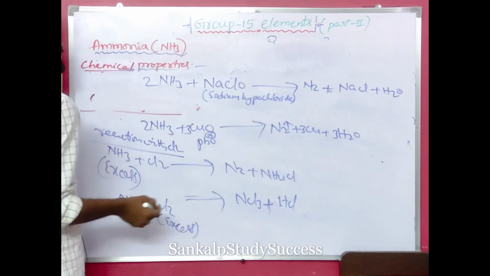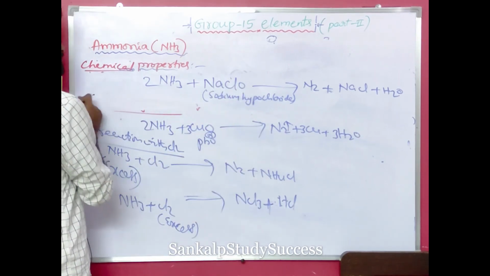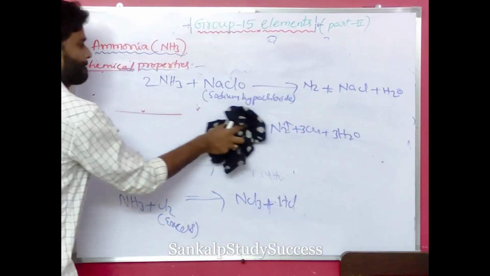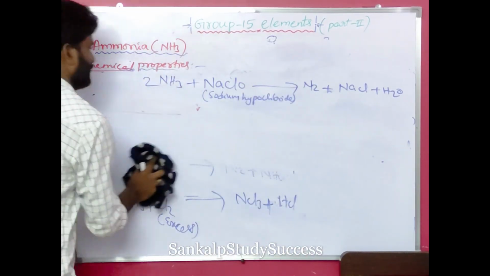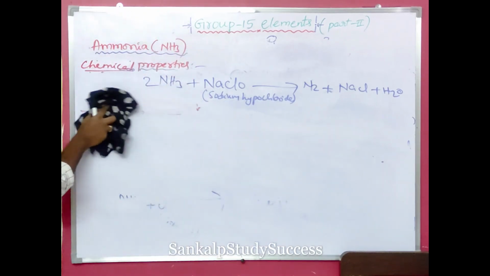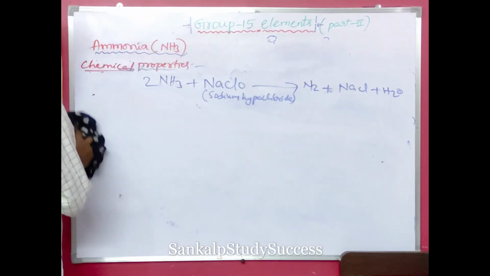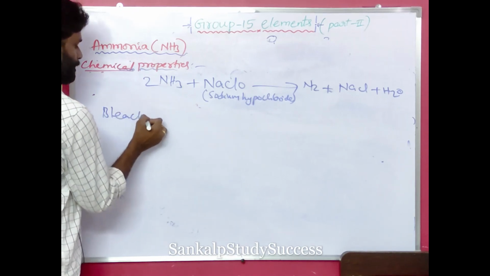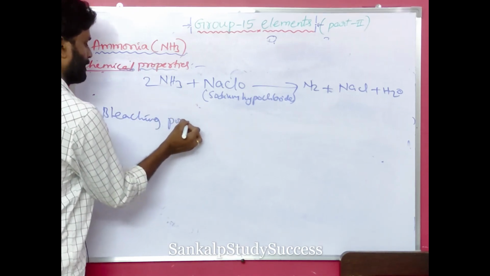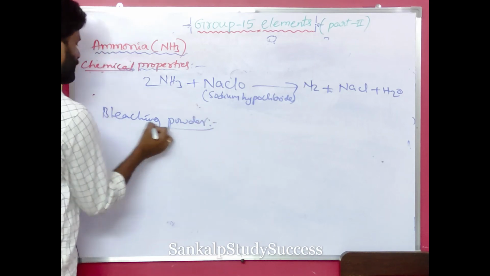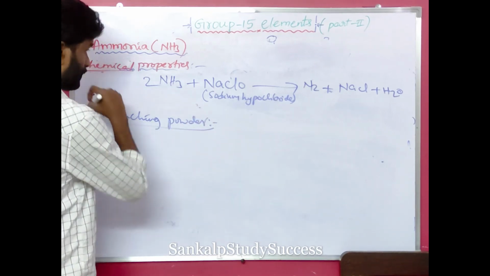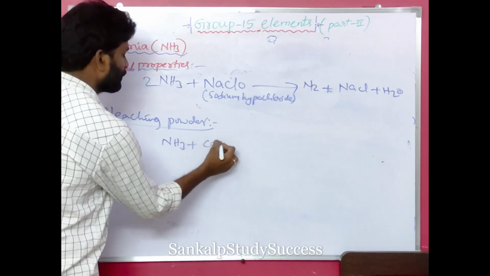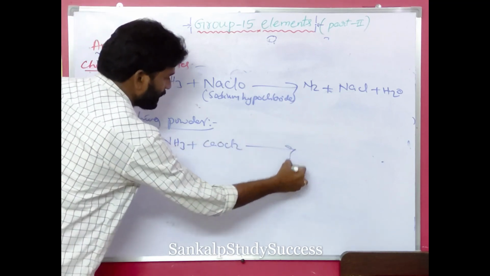And similarly, we can take the action with bleaching powder. NH3 can be treated with bleaching powder. What is the formula of bleaching powder? CaOCl2.